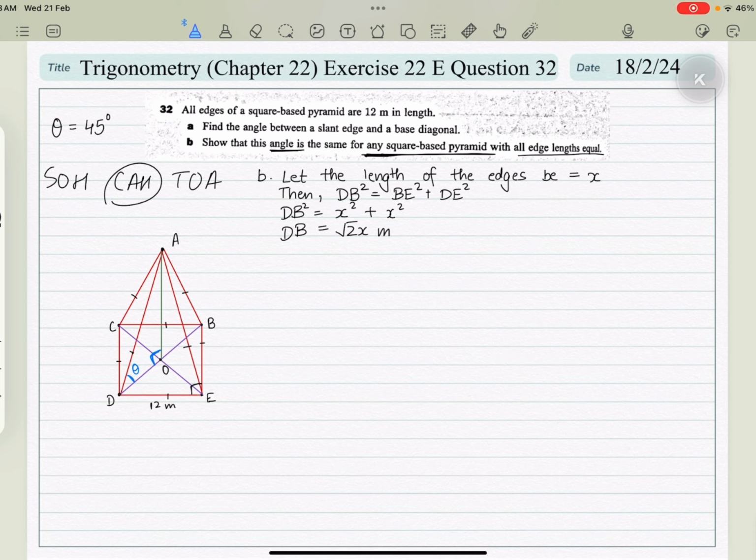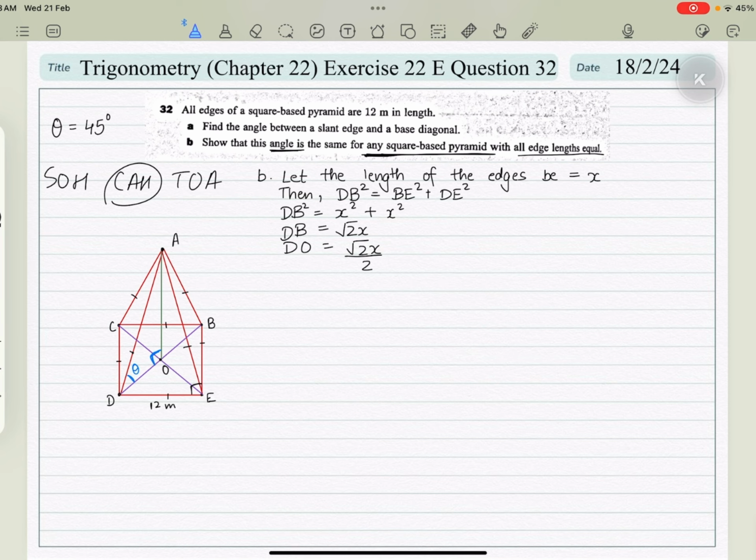Okay, root 2x meter, but you don't have to write meter. Now if we know that DB is equal to root 2x, so DO is equal to root 2x upon 2. We don't need to say again that the diagonals bisect each other in a square. We don't need to say that.